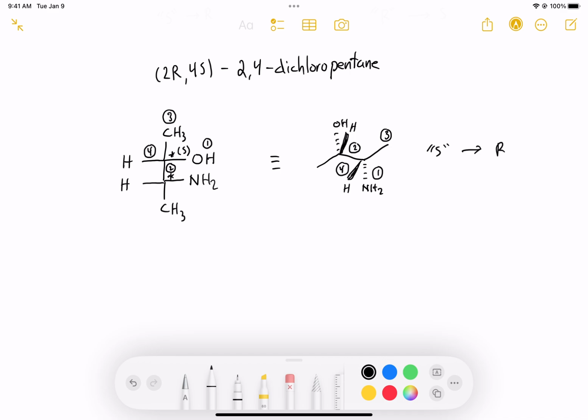So yeah, this is more difficult than I thought. Let's see. Yeah, so it might be better just to use the Fischer projection. But there's a way to do this, if we think about it. So if we build this molecule, a Fischer is pretty much looking on the side here.